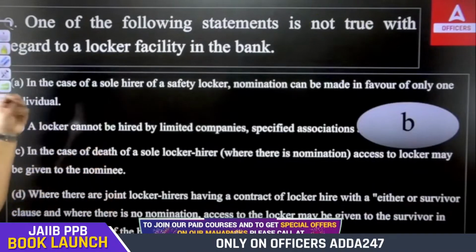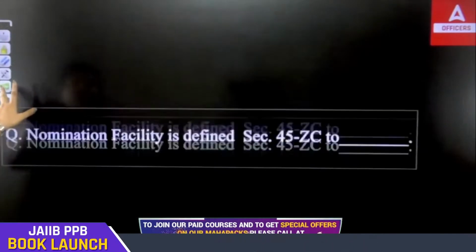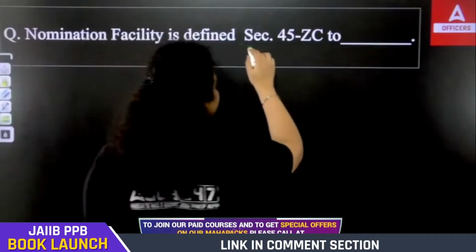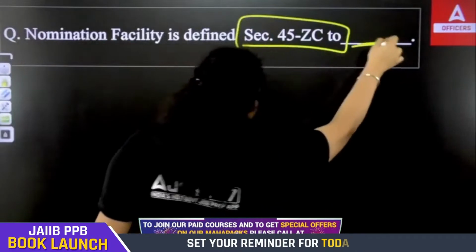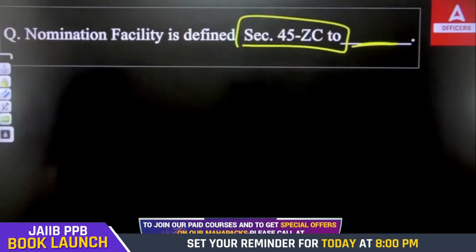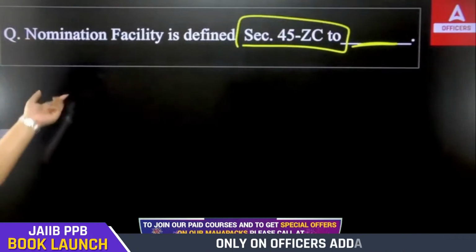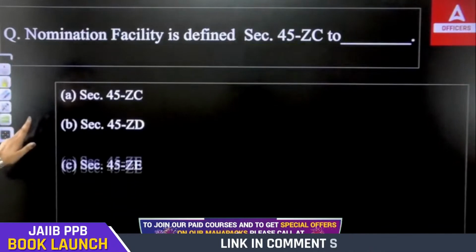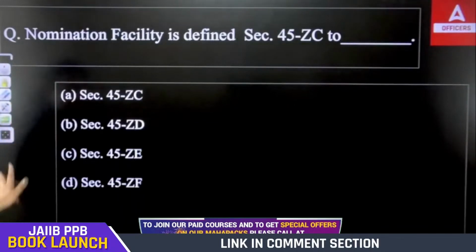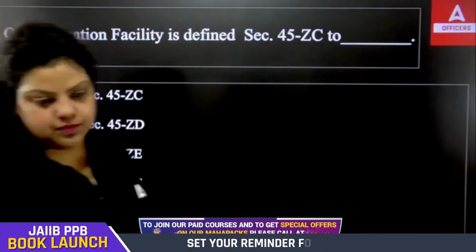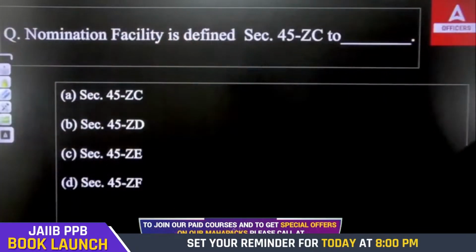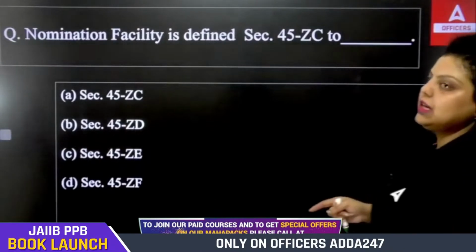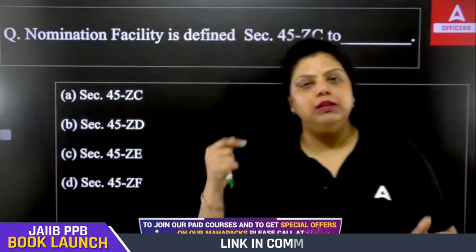Clear? Now, the next question talks about the nomination facility, which is defined under section 45ZC to dash. We are talking about the locker facility and nomination facility: under which particular section is it defined? Section 45ZC, 45ZD, 45ZE or 45ZF? Nomination conditions will differ in different situations. If you have a joint account, the condition will be different.